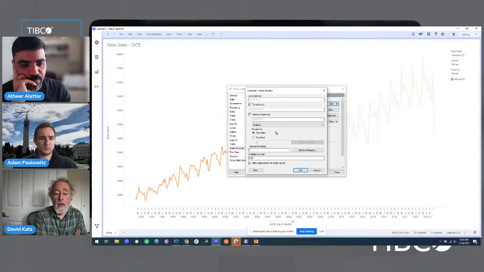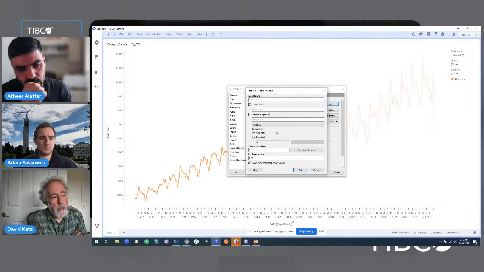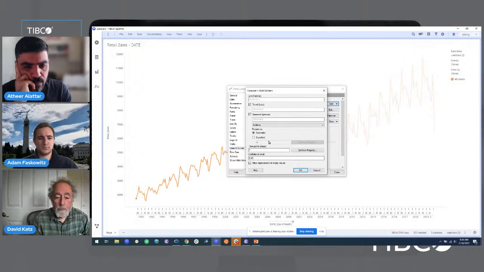Often you do see that if there's wide variation, the seasonality is best modeled by a percentage. For example, you might say in June, sales are 10% higher, rather than $100,000 higher, something like that.